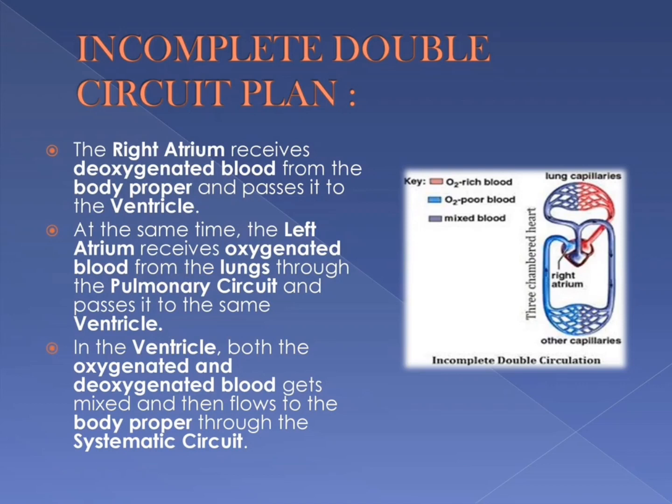As the ventricle contracts, a muscular ridge called a spiral valve directs the oxygenated and deoxygenated blood towards their respective destinations. The oxygenated blood is directed towards the body while the deoxygenated blood is directed towards the lungs.